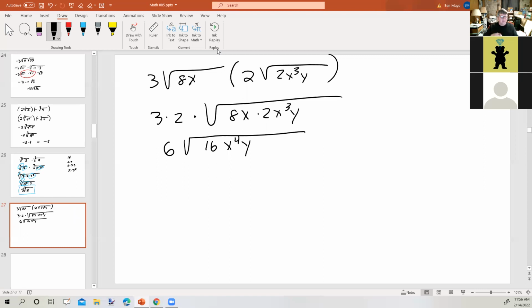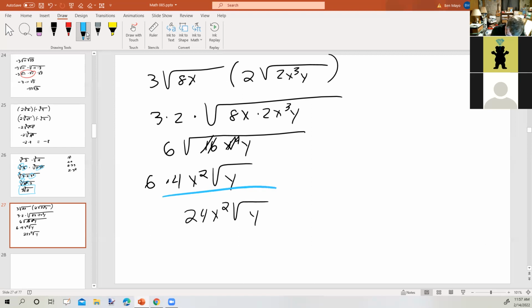So far, so good? You good to there? Yeah. Okay, which is 6 square roots of 16, which is a 4 outside, square roots of x to the 4th, which is an x squared outside, square root of y. 6 times 4, 24 x squared, square roots of y. So far, so good?